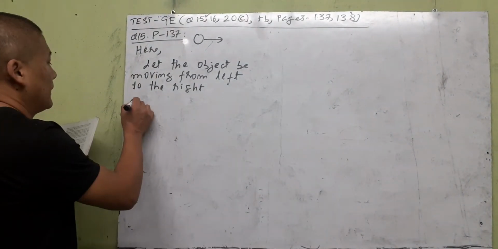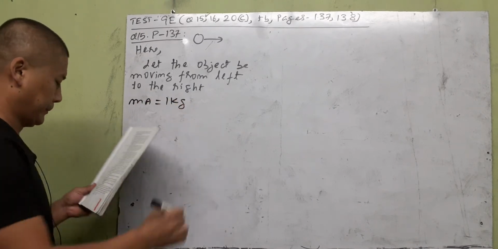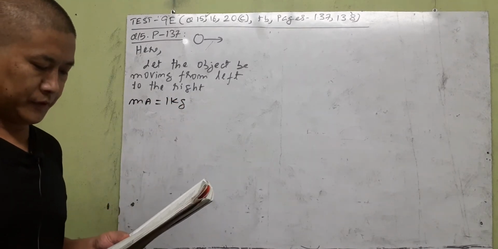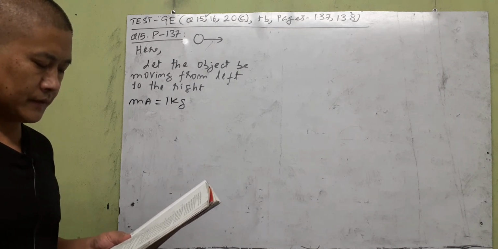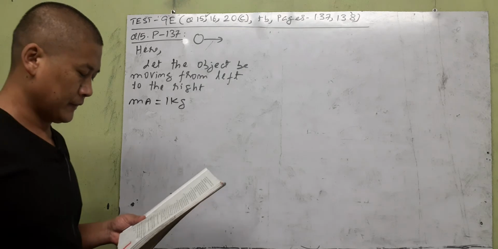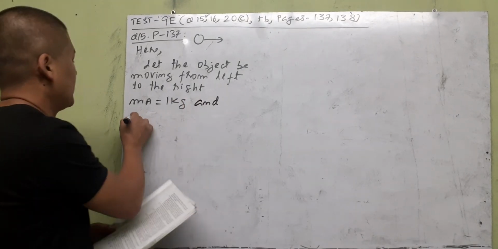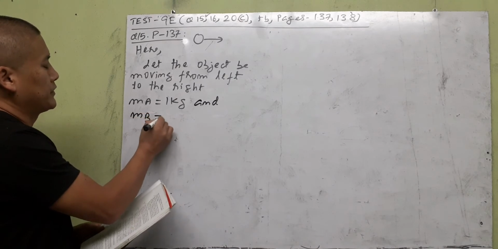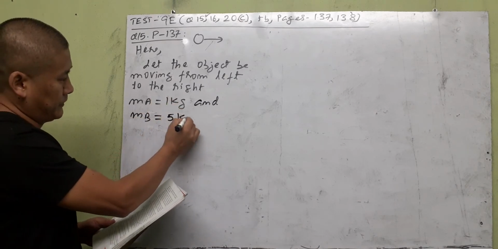Okay, so here MA is the mass of the first object, 1 kg. And keep on going with a stick. This is a stationary wooden object. So the mass of the wooden object which is stationary is 5 kg.